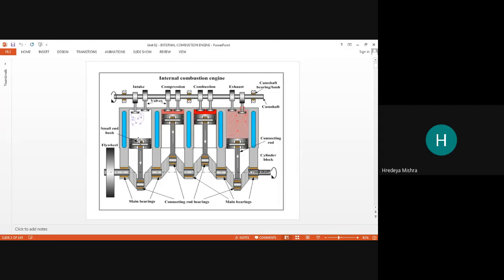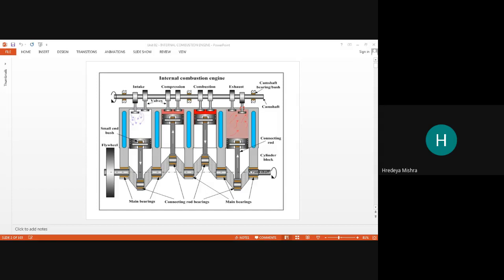And now we can say that this is the compression. So what does it mean? It means the air fuel mixture is compressed.